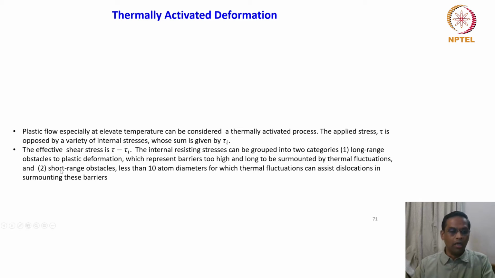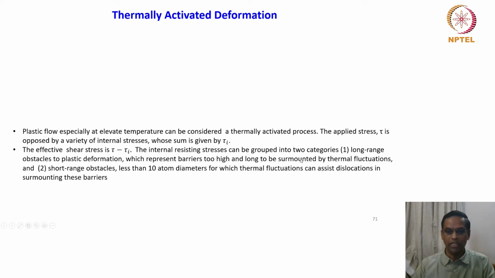On the other hand, the short range obstacles. What are the short range obstacles? If you look at the stress fields that come from the other dislocations, dislocation intersections, dislocation climb, dislocation cross slip, and intersection jogs and other things, these all will contribute to the short range obstacles, which can be easily surmounted by thermal fluctuation.